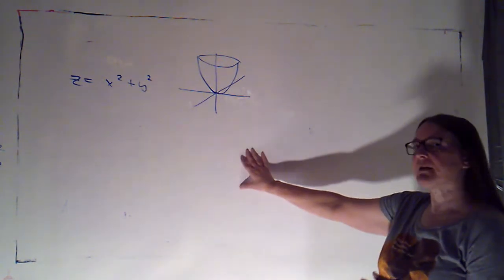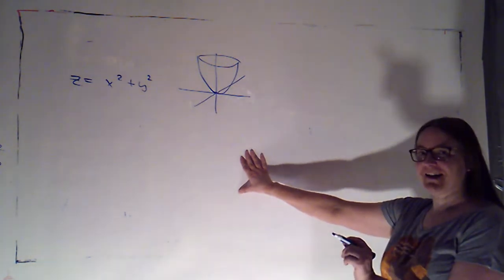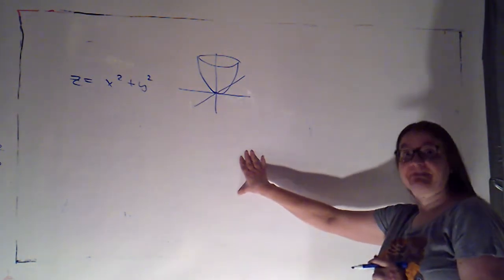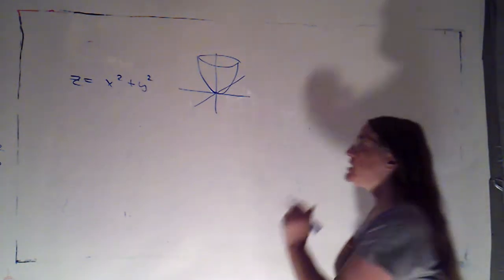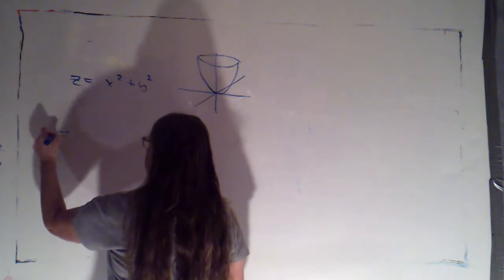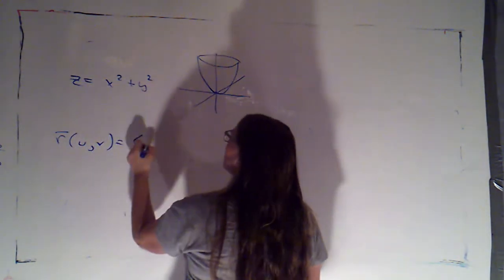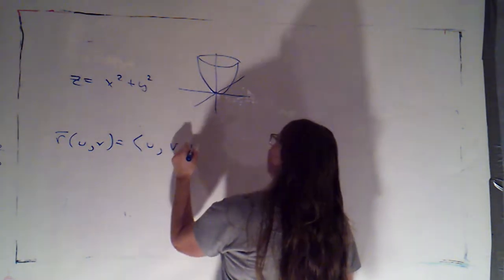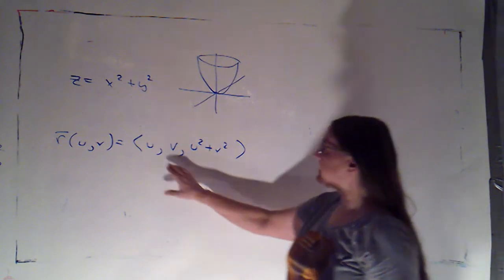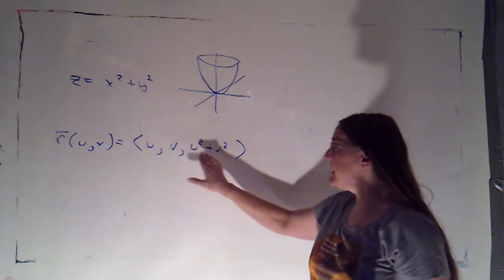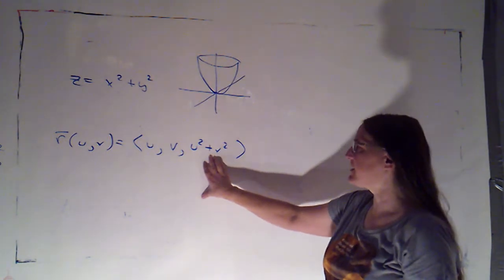What I want to do instead is work it out by parametrizing it, and then confirm that we get the same thing we would get if we did the local linear approximation. So if I were to parametrize this, I would let r of u, v equal u, v, u squared plus v squared. So I'm just letting x be u, y be v, and then z becomes a function of u and v instead of x and y.